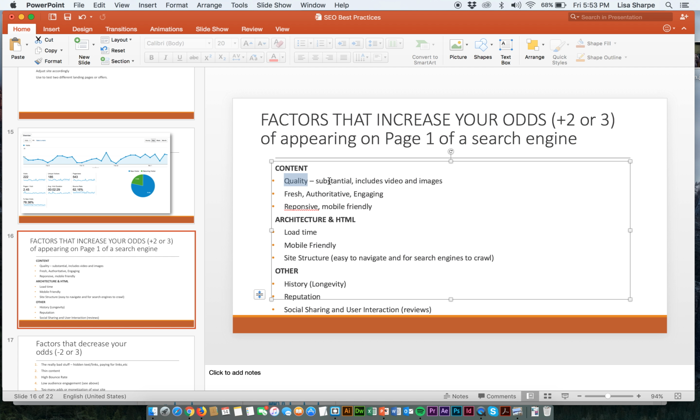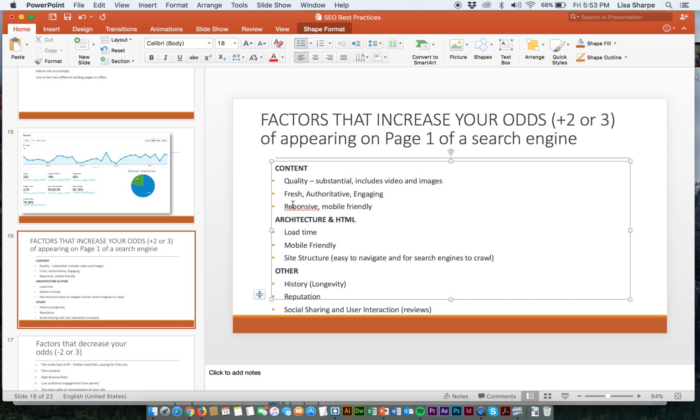And it has to be quality content, including video and images. So again, I'm sorry that I keep beating this into you, but quality content, video, pictures, updated frequently, shared on social media. Hopefully people are sharing it again. That's number one. So this is increasing your odds by 2 to 3 times if we combine all 3 of these.